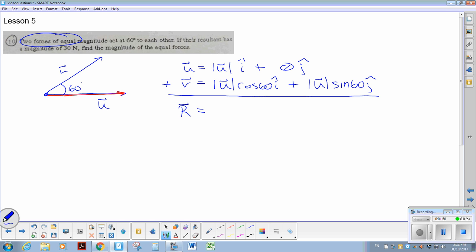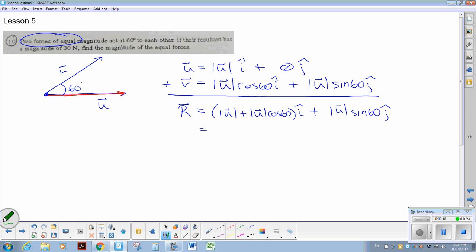So if we add the columns here, we're going to have magnitude of u plus magnitude of u cos 60 i, and then magnitude of u sine 60 j, because it would be 0 plus that. Now, if you calculate cos 60, you just get a number.